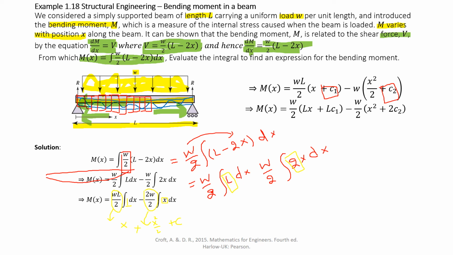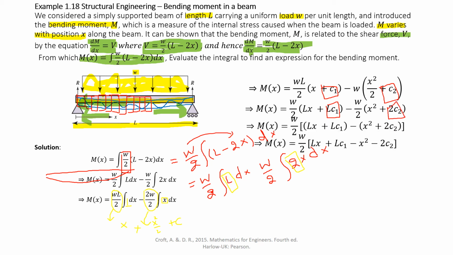Okay, again if you multiply this L inside or all the things inside, again they are constant. 2 is constant, C2 is constant, so look at them, they are constant.